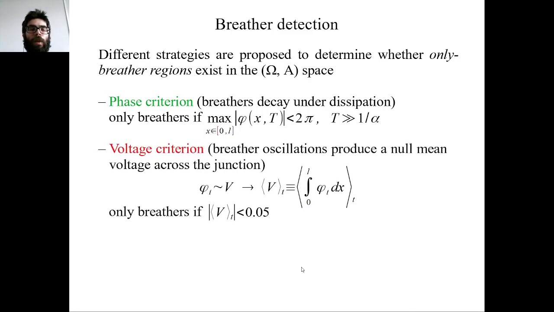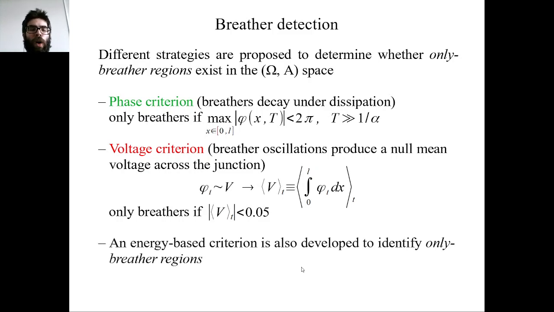The second one, we call it the voltage criterion, makes use of the fact that the rapid breather oscillations produce practically null voltages, and we saw that a perturbative estimation of the energy transmitted to the junction can also be used as an effective breather detection technique.